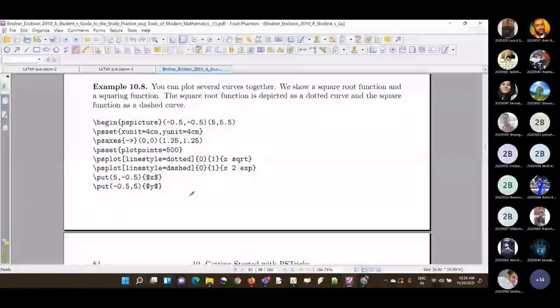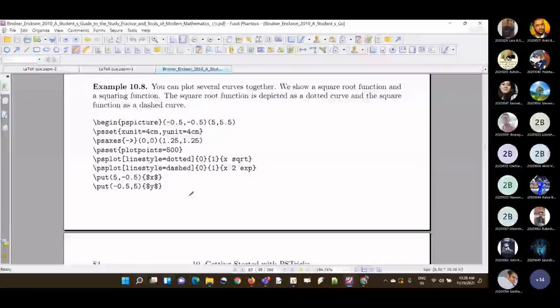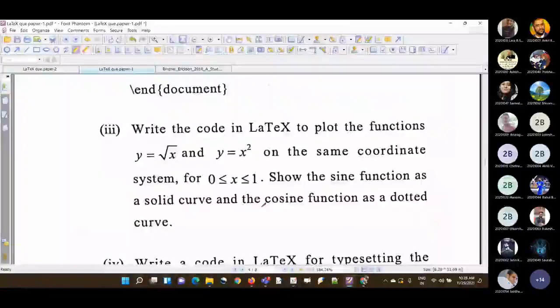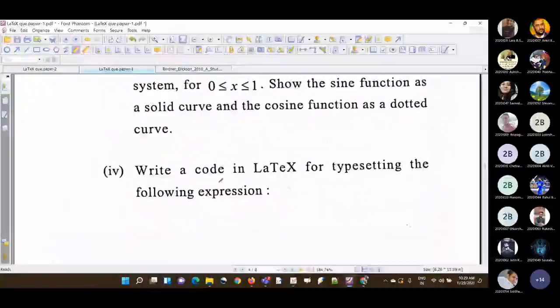You have to practice them to remember some commands, right? Also you can give some attributes, like solid color and dotted curves, whatever is required.